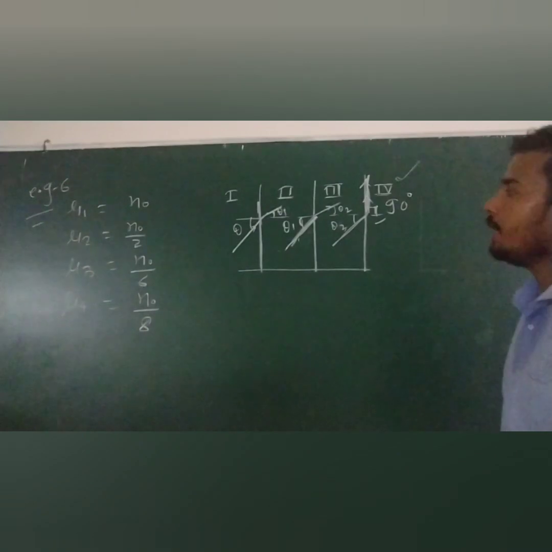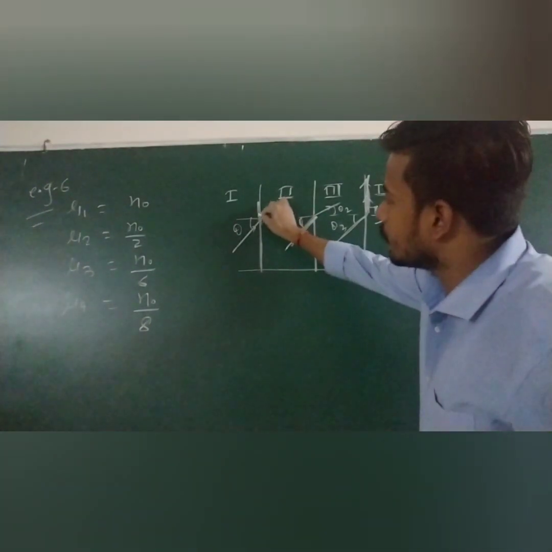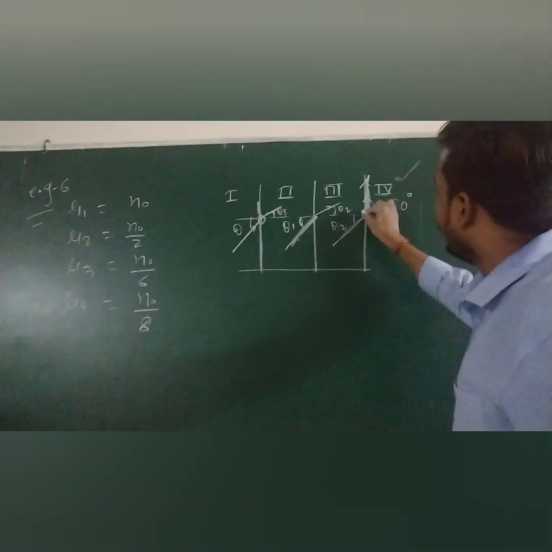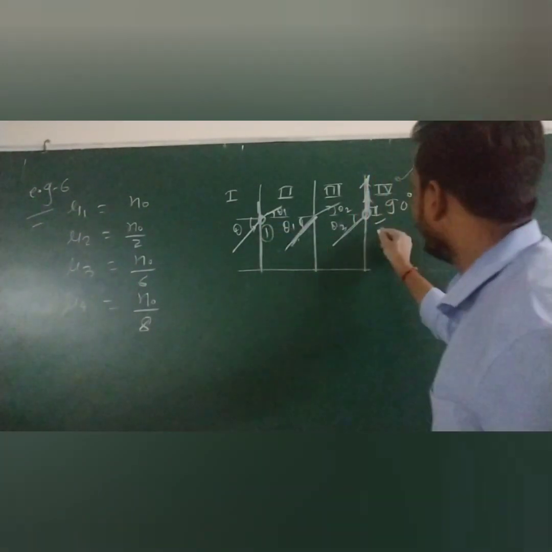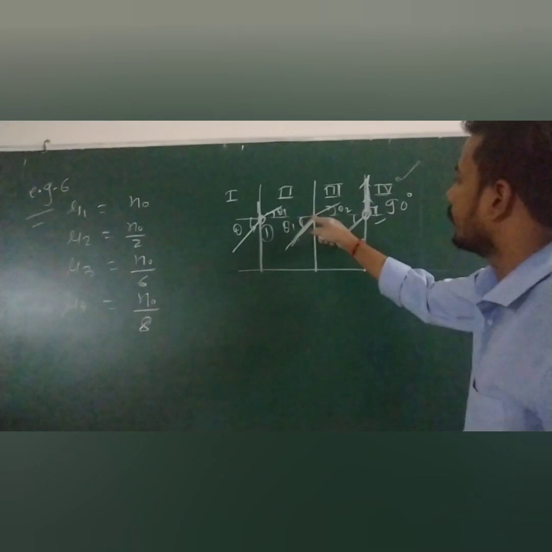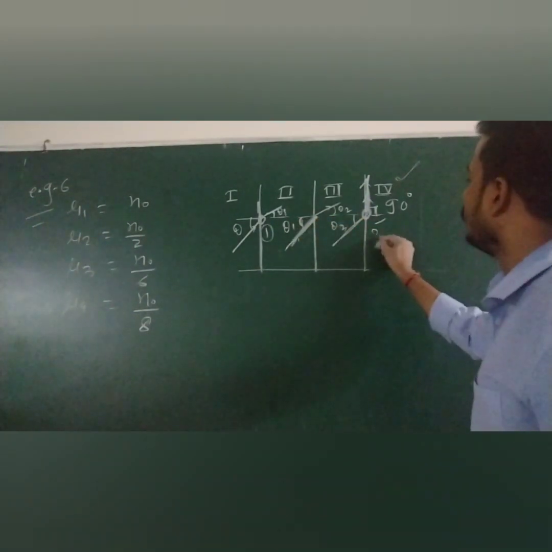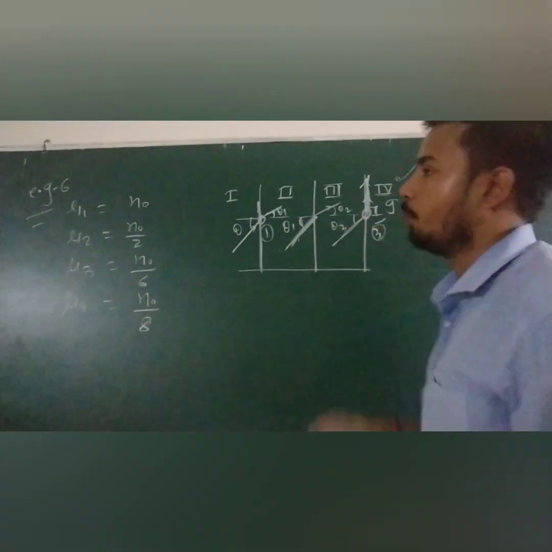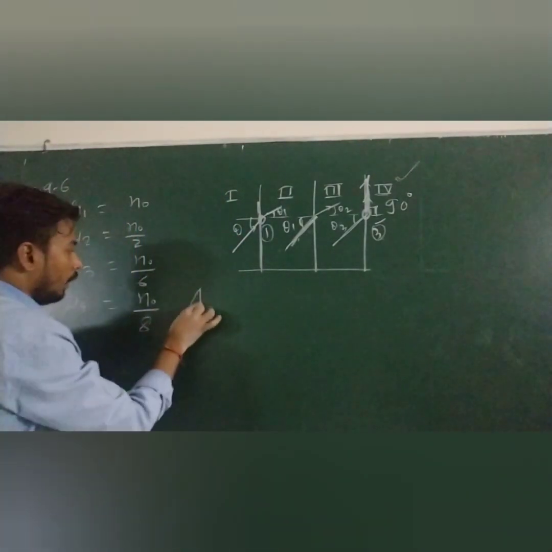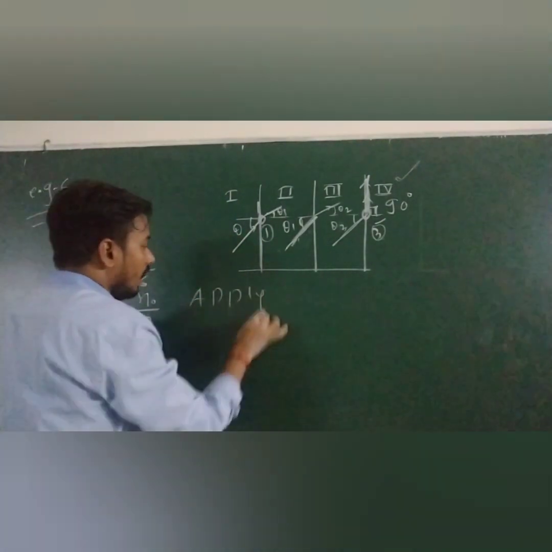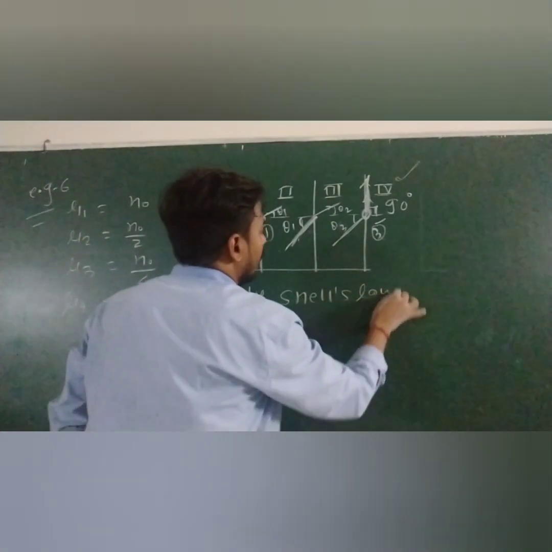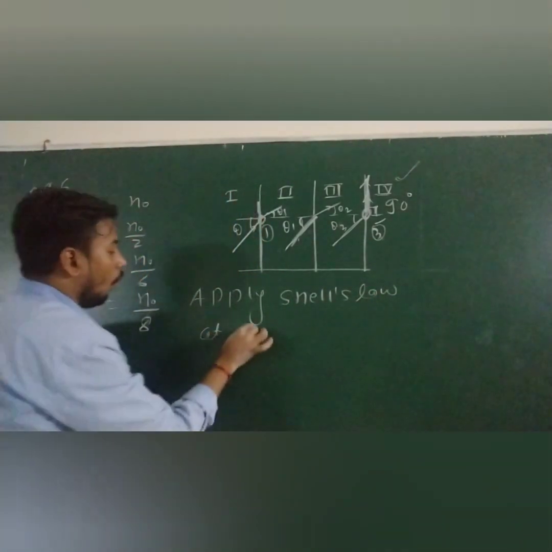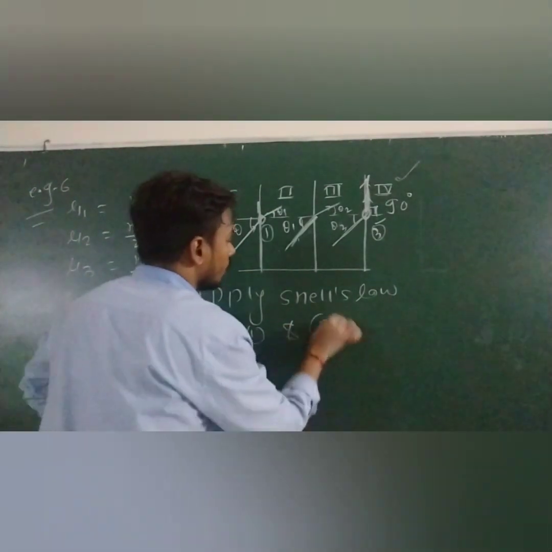Just apply Snell's law at this point and at this point. This is the first point, and this is the second and third point. So simply apply Snell's law at 1 and 3.